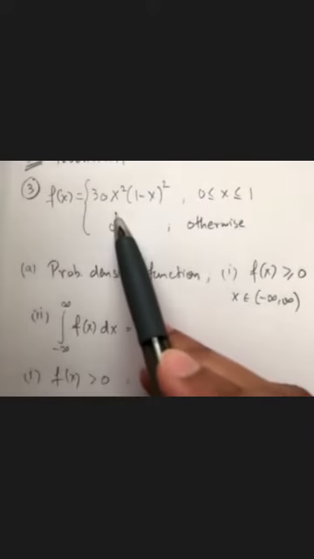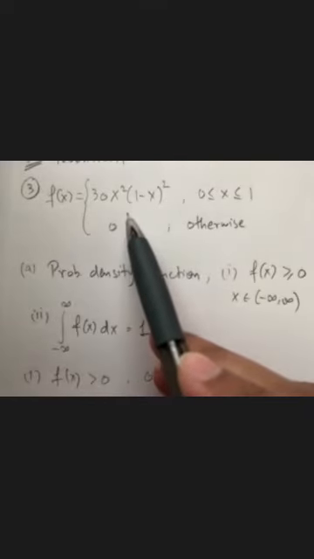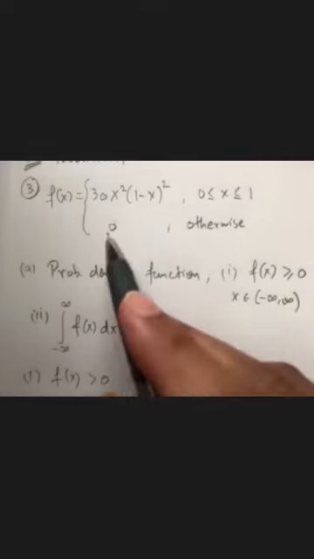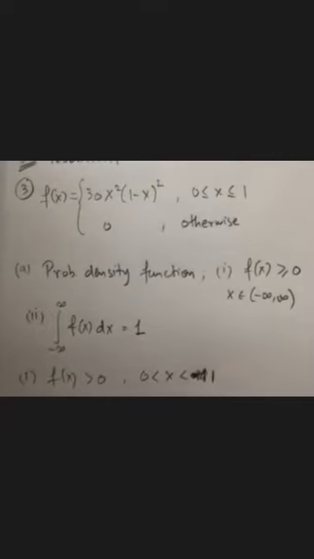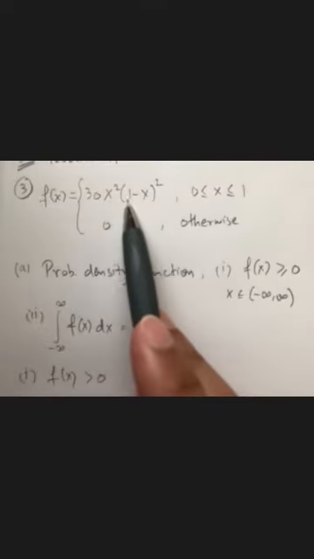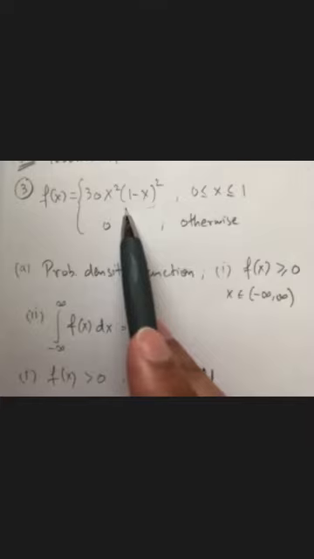Because this function over here is always positive when x is positive. So x squared is always positive, and this term in parentheses is also always positive.